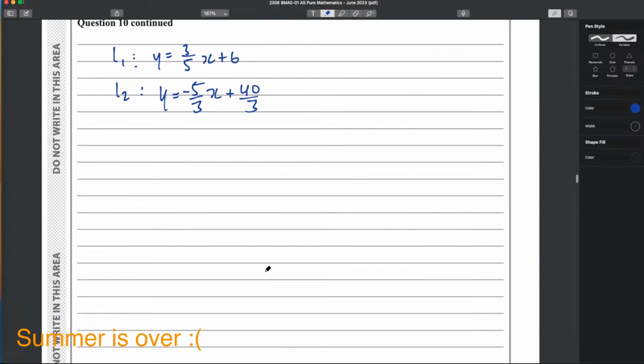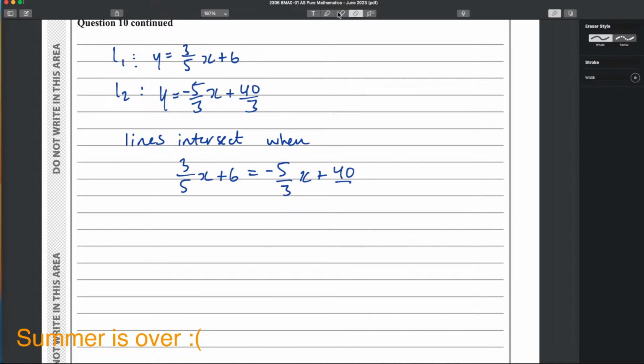Okay, so let's find where they intersect, so where they're equal. Lines intersect when 3 on 5 x plus 6 equals negative 5 on 3 x plus 40 on 3.